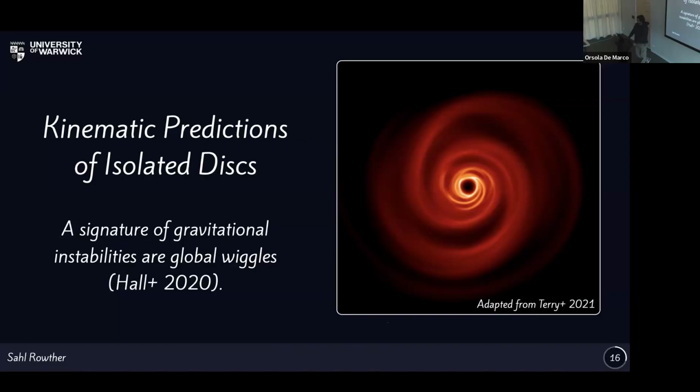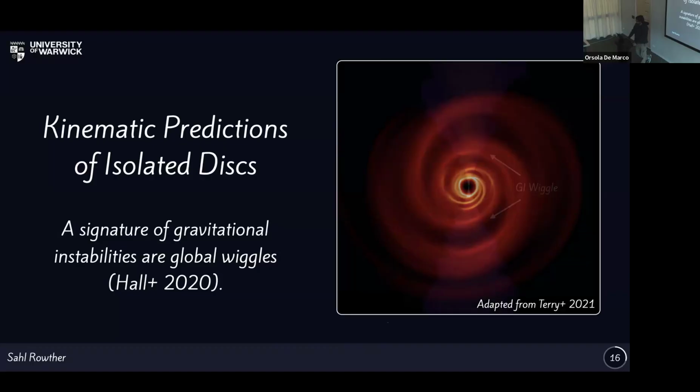Typically, observational predictions of gravitational instabilities have been made using isolated disks that are unimpacted by the star-forming environment, because that makes experimentation quite a bit more straightforward.